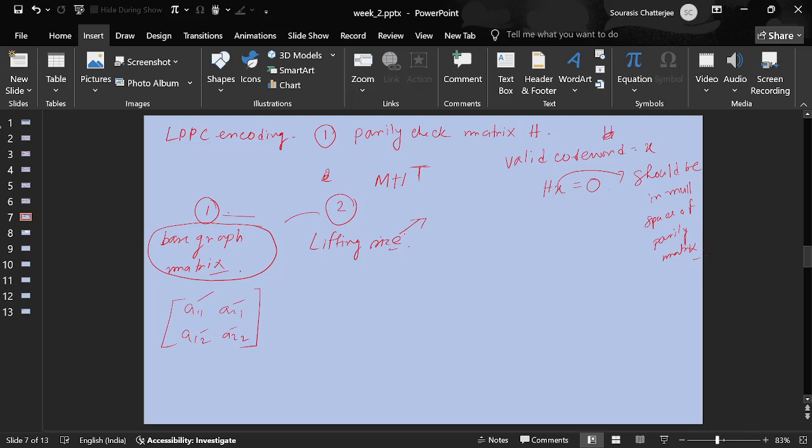We need to store only the lifting sizes, and from this scalar and this matrix we can generate parity check matrices of different sizes, right? Yes, yes.